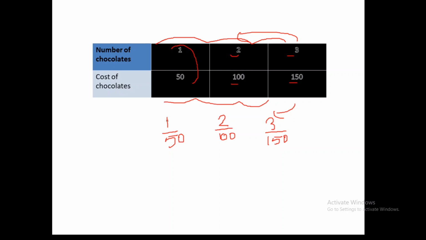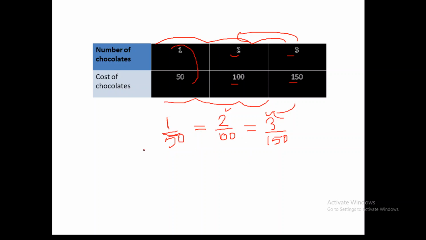Look at this. This fraction is 1 by 50, that means number of chocolates by cost of chocolates. Here 2 by 100, here 3 by 150. These all fractions are like fractions. 1 by 50, 2 by 100 and 3 by 150 are equal?